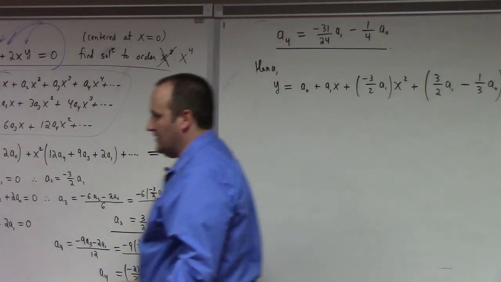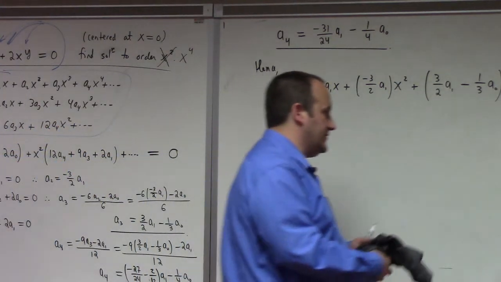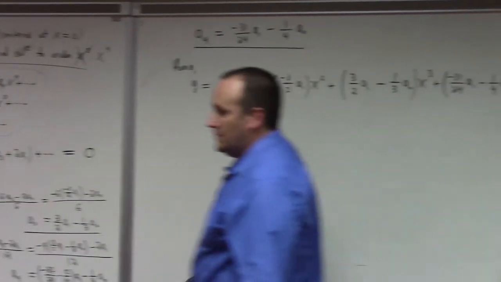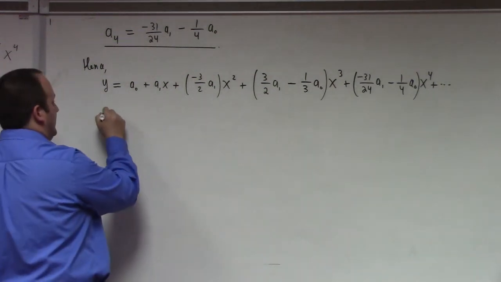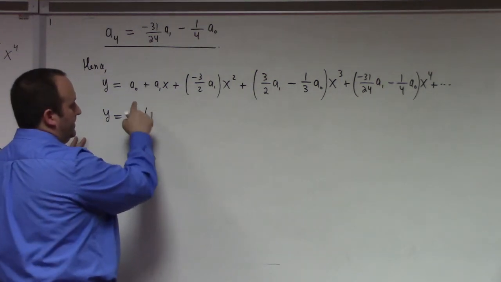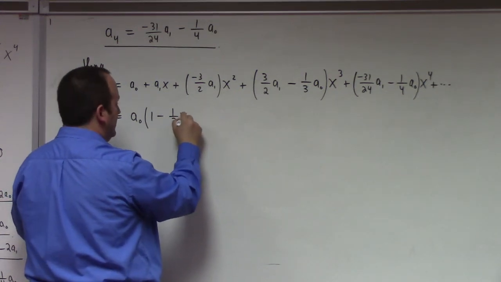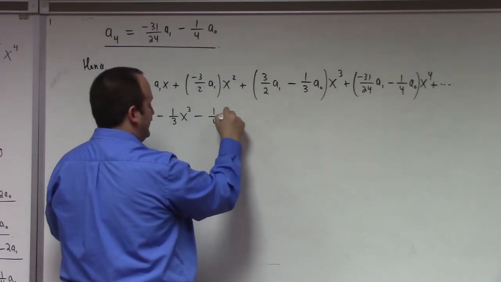Right? Now that is not a good answer. A good answer should indicate the two fundamental solutions as they appear as coefficients of my two parameters in the solution. A second order differential equation should have like a C1 and a C2, right? But in this notation, our C1 and C2 are A naught and A1. And so for A naught, you collect what we have. We've got 1 minus 1/3 x cubed minus 1/4 x to the 4th.